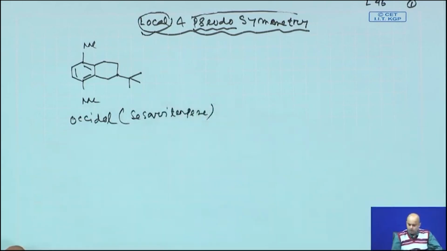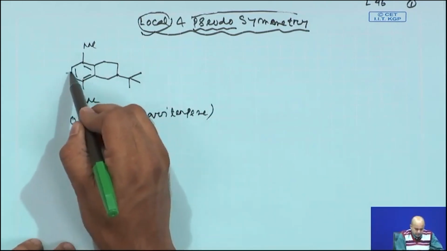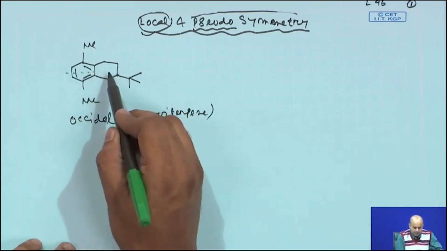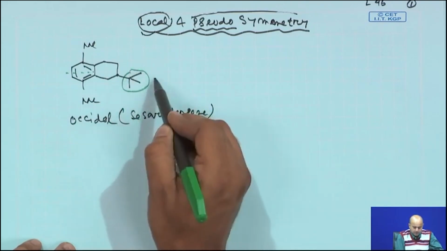Now, if we see the structure of oxidol, you will find that the aromatic part is perfectly symmetrical. This part should in principle be symmetrical if this group was not there.